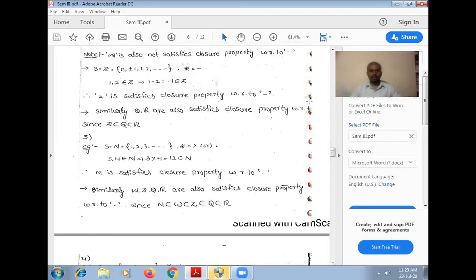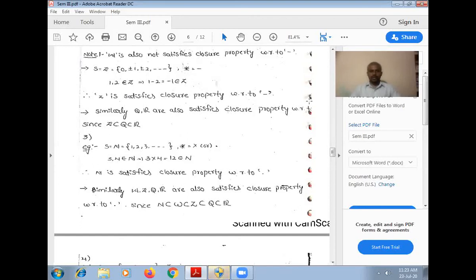So that implies 3 into 4 equal to 12. So 12 is also a natural number, so 12 belongs to capital N. That means N satisfies closure property with respect to into or dot. Dot means multiplication.